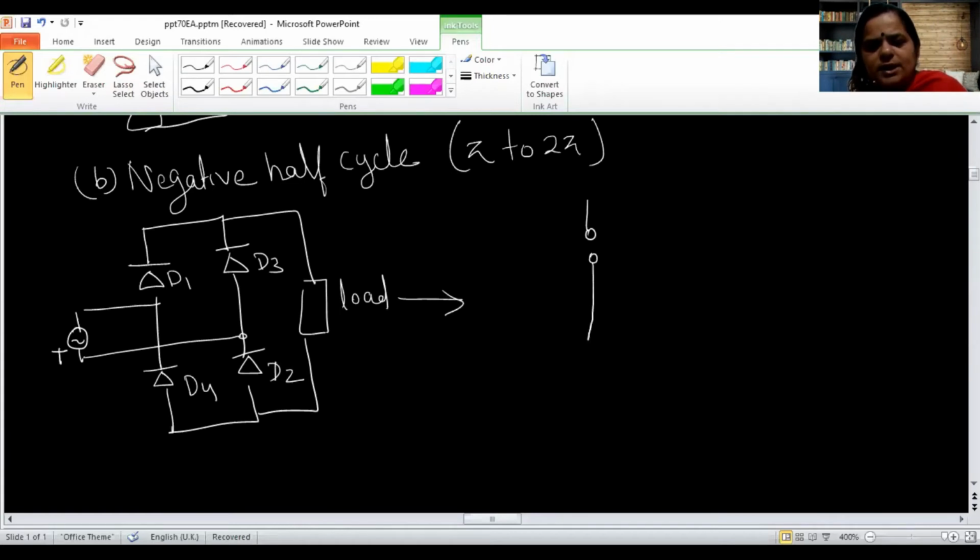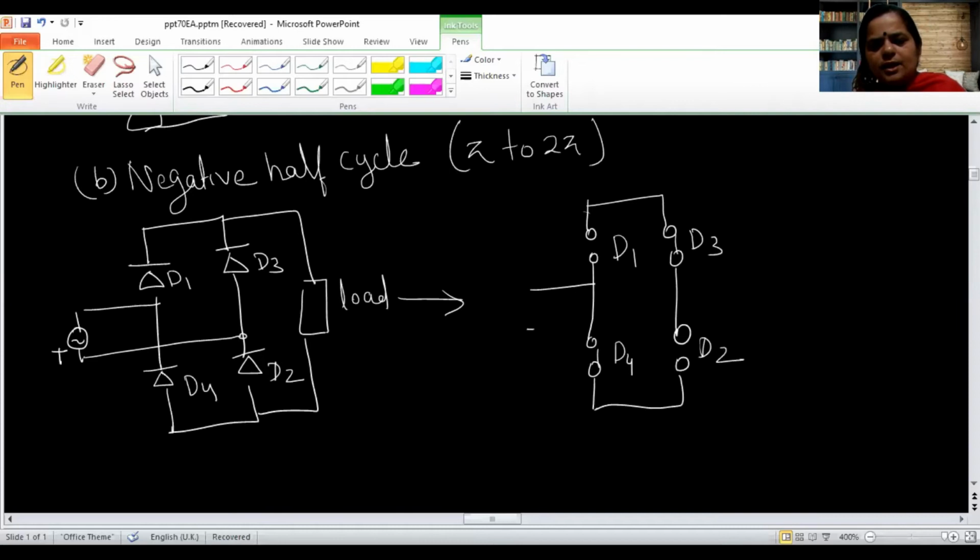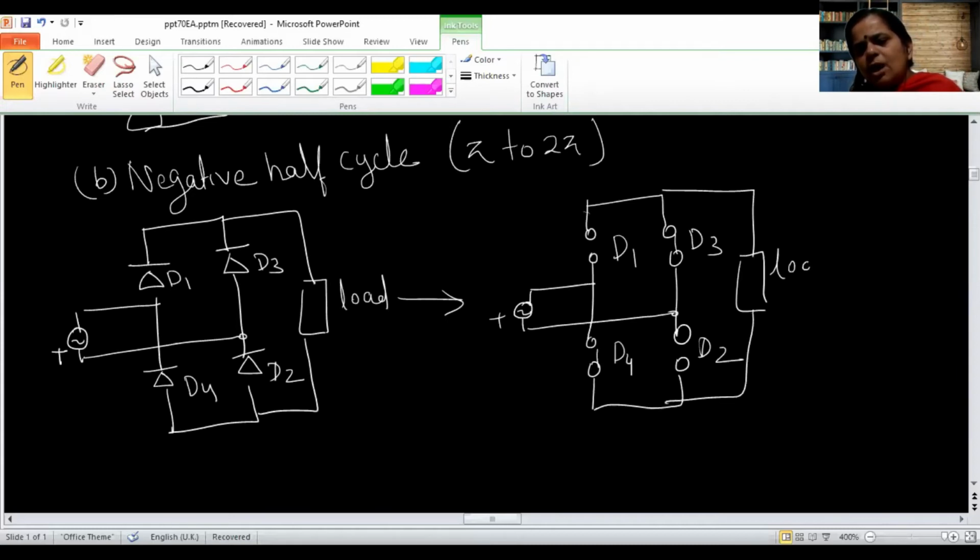So D1 and D2 now act as open circuits, and D3, D4 now act as short circuits. The supply is connected with the lower terminal positive, and you can see the load is there. Now as the lower terminal is positive, this positive through the D3 short circuit is again appearing at the top of the load, and the negative terminal of the supply through the D4 short circuit is again appearing at the lower terminal of the load.